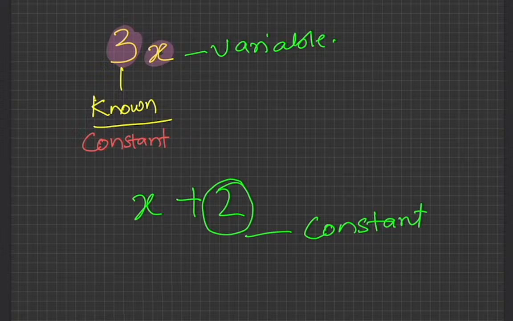So constants can take various numerical values. Can 2 here, in this example x plus 2, take various numerical values, or is it x that can take various numerical values?